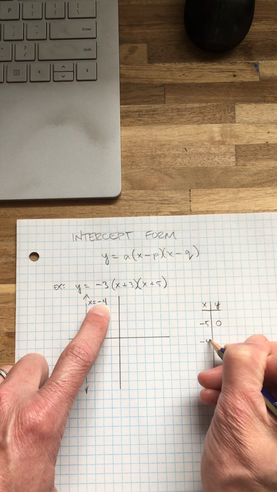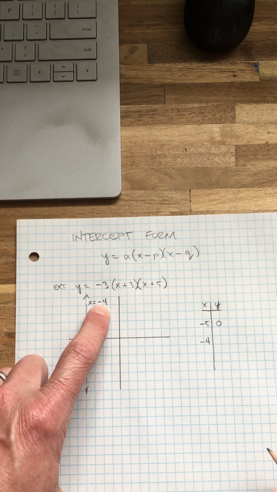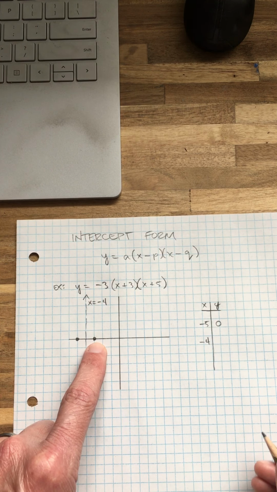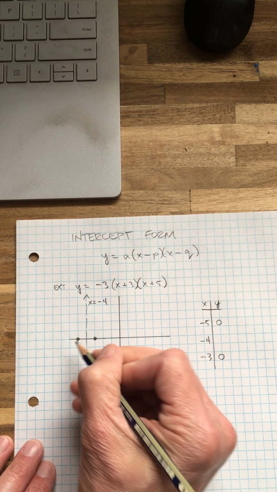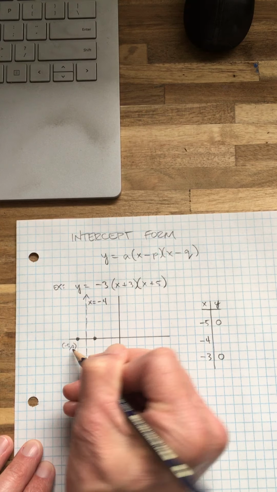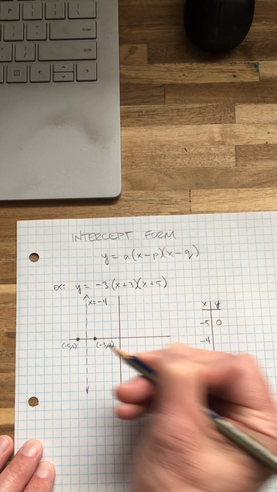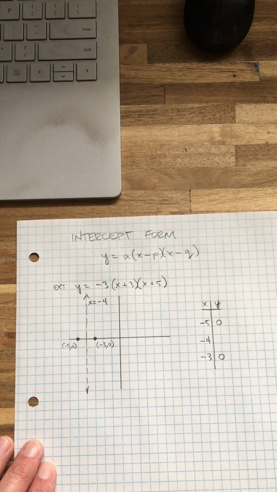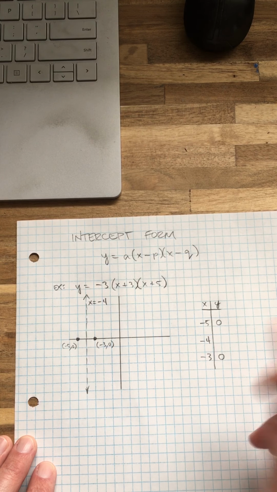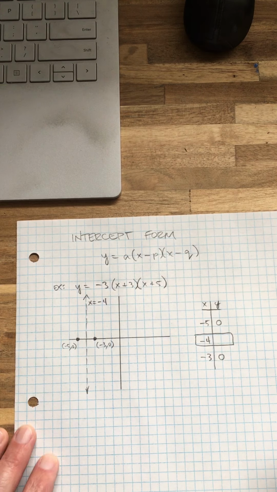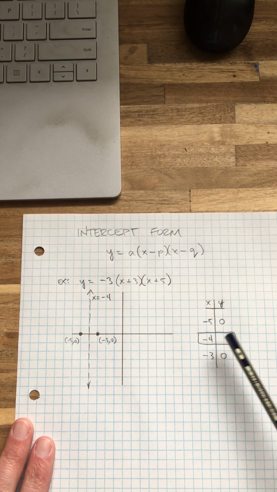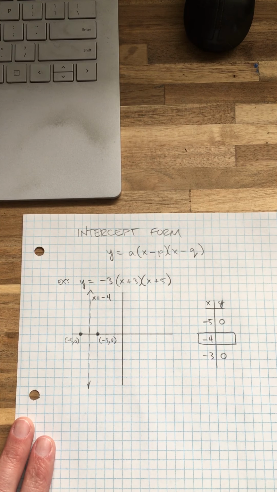So put a -4. We don't know what the y coordinate is, okay? And then we have our -3, 0, okay? So we're just going to go in order here, okay? This is -5, 0. This is -3, 0. Okay, we just go from left to right and list the points, okay? We don't know what this guy is, but guess what? It's my vertex, okay? So we just want to figure out what coordinate goes there.